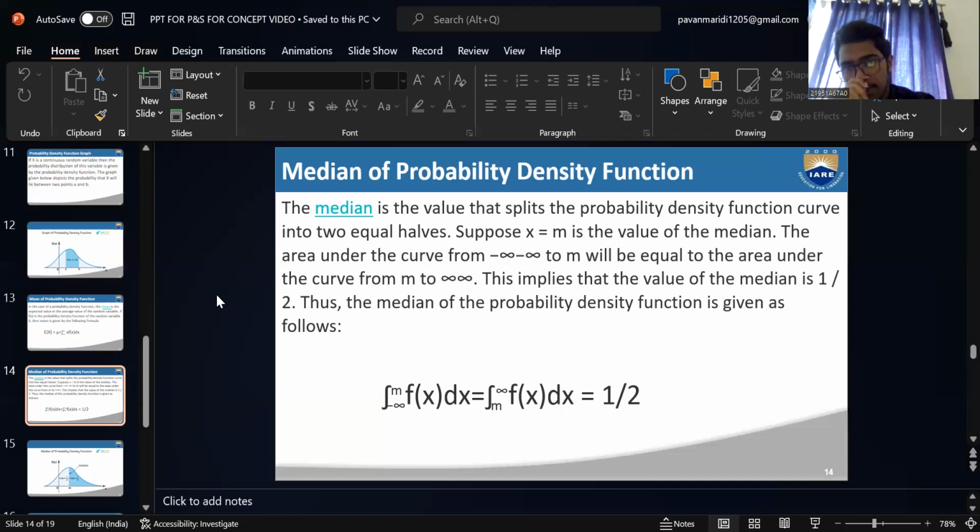This means from minus infinity to m will be one part and m to infinity will be the other part, which is equal in area. This implies the median is 1 by 2.